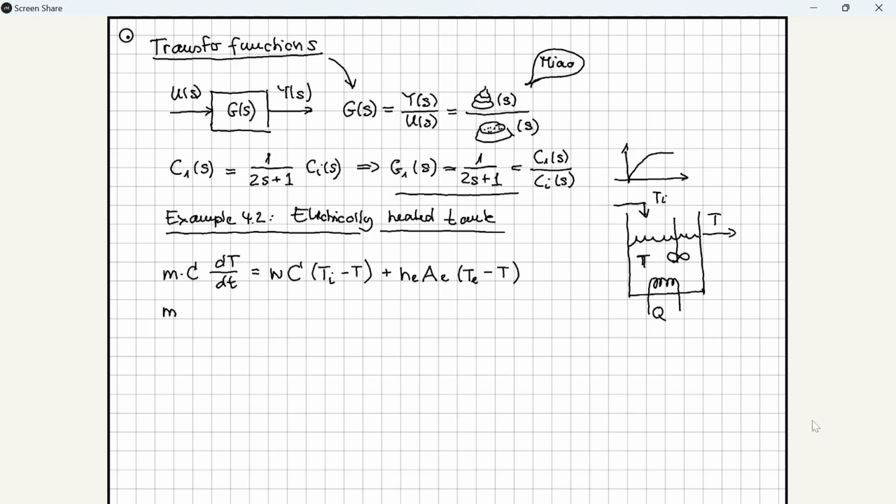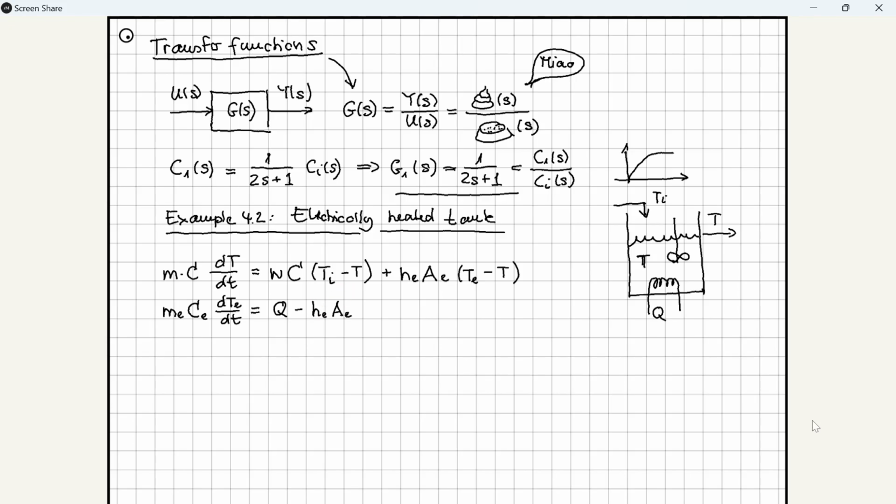And we have another equation which describes the dynamic behavior for the heat transfer between the heating coil and the power that has been added, and that equals Q minus HE times AE.